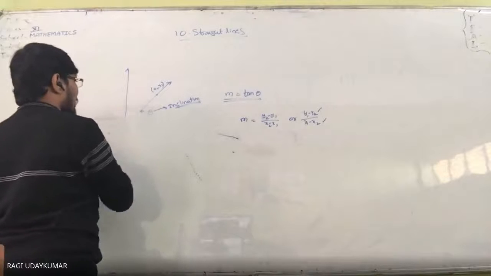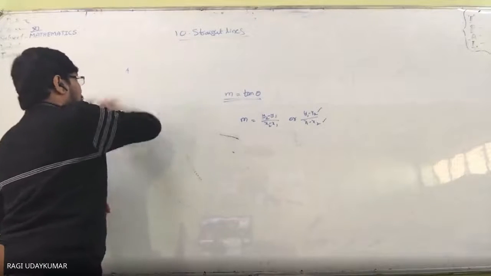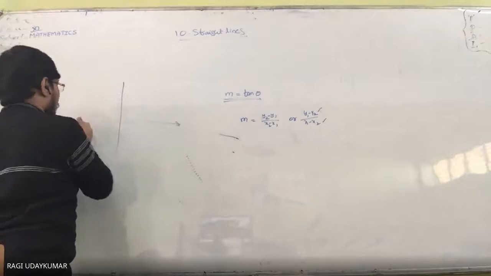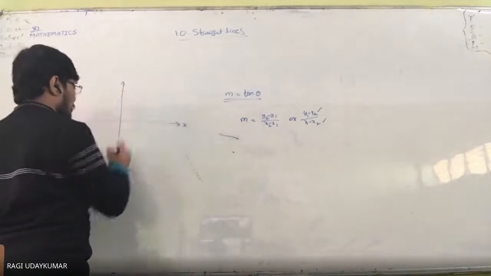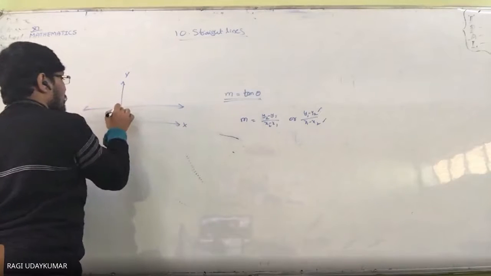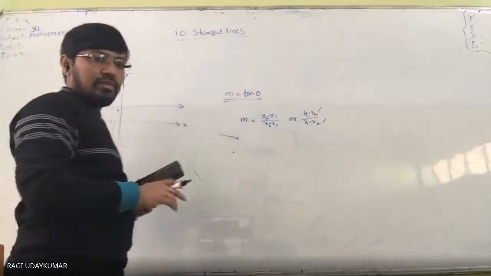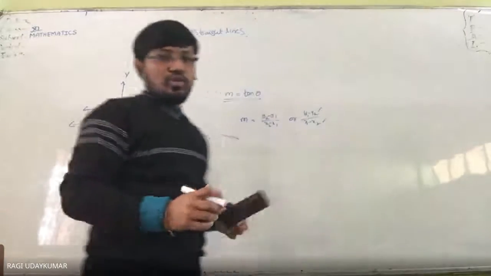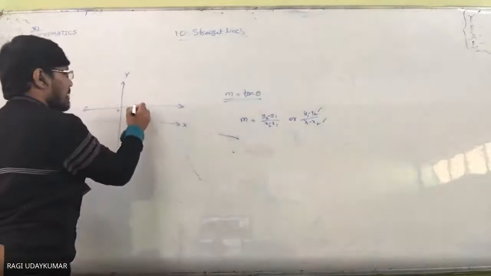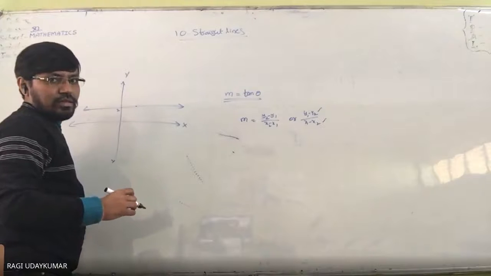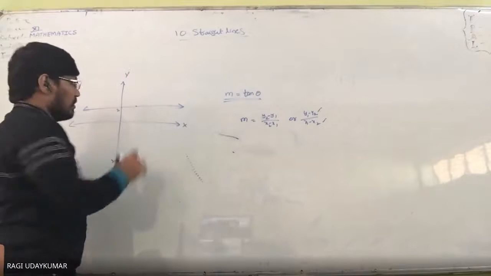Suppose you take a line which is parallel to the x-axis. This is the x-axis, this is the y-axis. Here the point is 2, so any point you take on this line will have y coordinate 2.